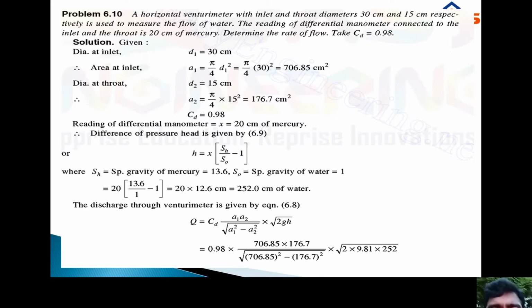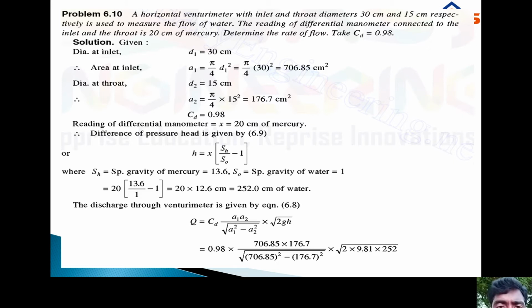The reading of the differential manometer connected to the inlet and throat is 20 centimeters of mercury. Determine the rate of flow. Take CD equal to 0.982. The CD value is a constant, between 0.98 and 0.99.